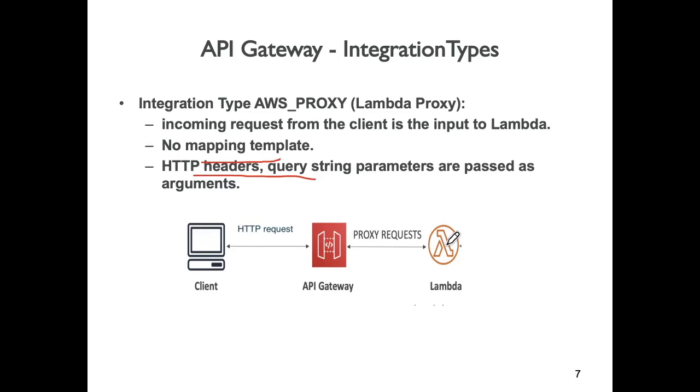We will see that a little bit later on. Also, if the request includes a query string as part of the URL, and we know that a query string is a set of key value pairs, then those key value pairs are again packaged up by API Gateway, and made available to your backend as convenient arguments within the event object that's made available to the Lambda.